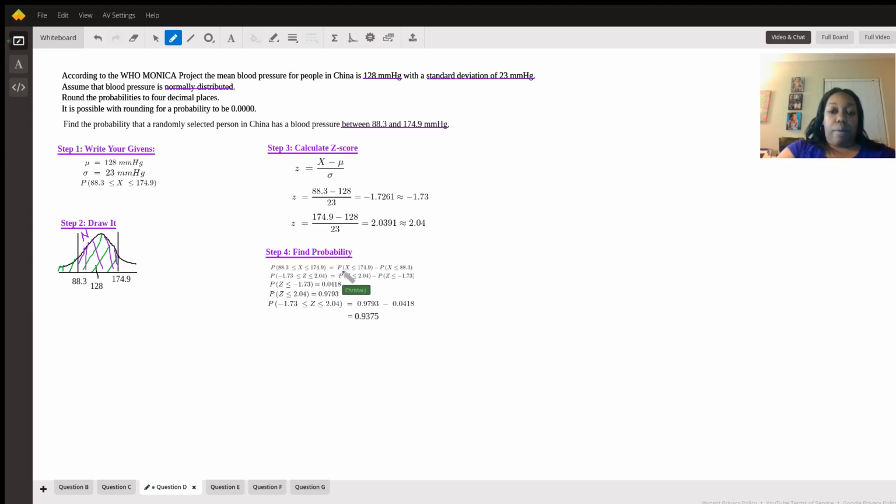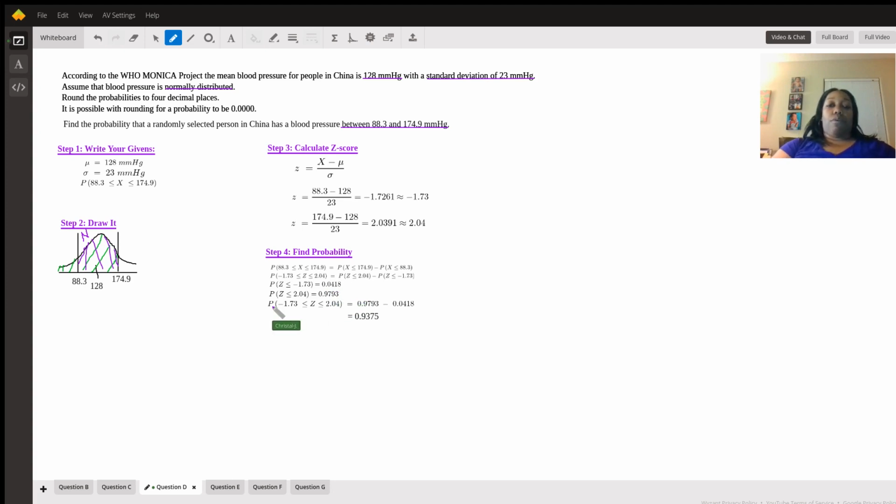So that's the probability of that minus the probability of going to 88.3, which, all we're essentially doing is finding the area that was for 174.9 and subtracting from the area that was for 88.3. So if you recall, the area for that negative 1.73, which was for 88.3, was 0.0418.